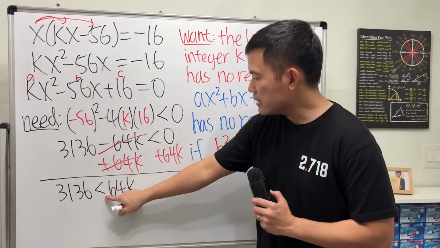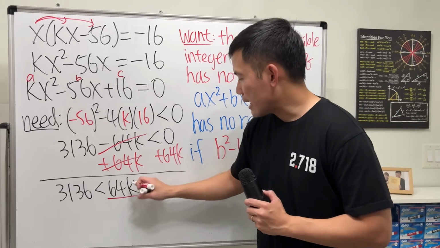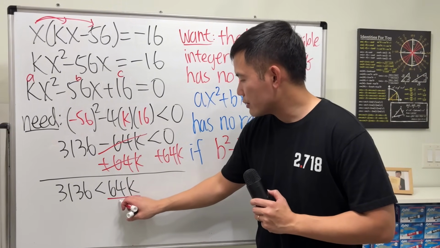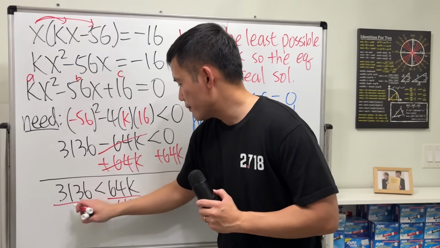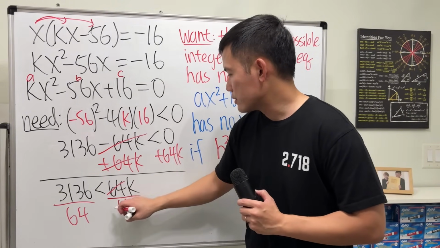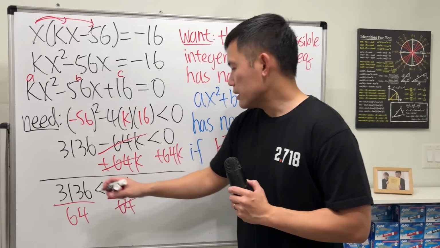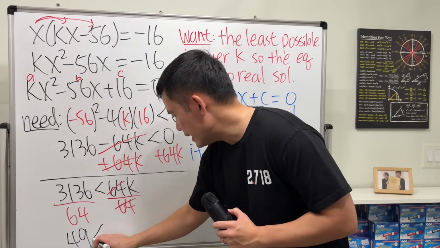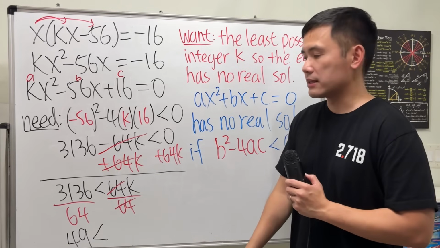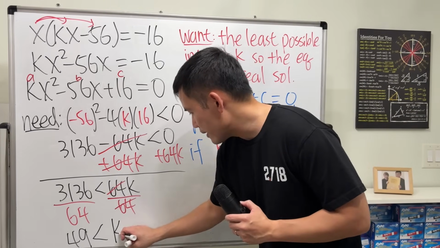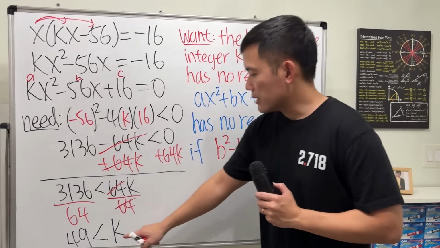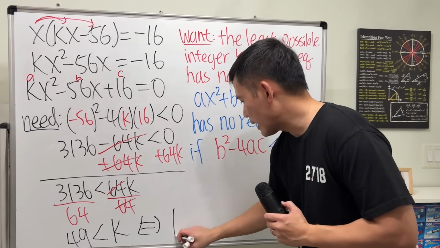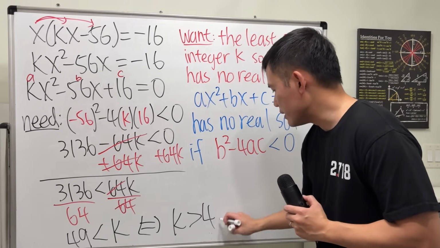Then I will just have to divide both sides by 64. If you work this out on the calculator, you'll get 49, and that is still less than, because 64 was positive, and then we have the k. Okay, right here it says 49 is less than k. This is the same as saying k is greater than 49.